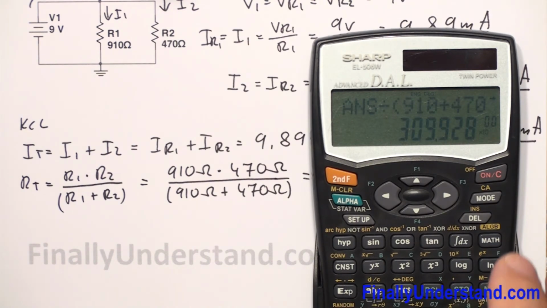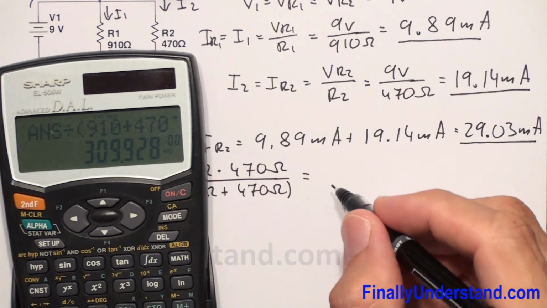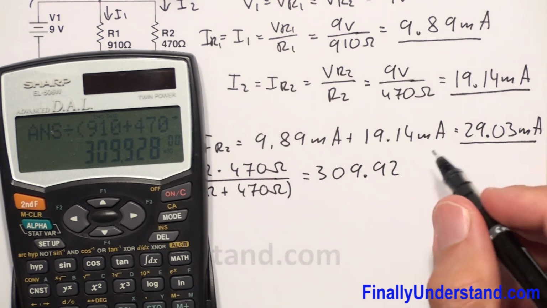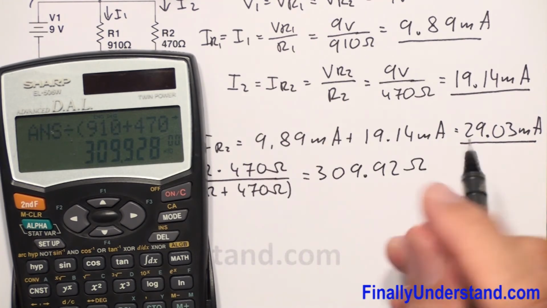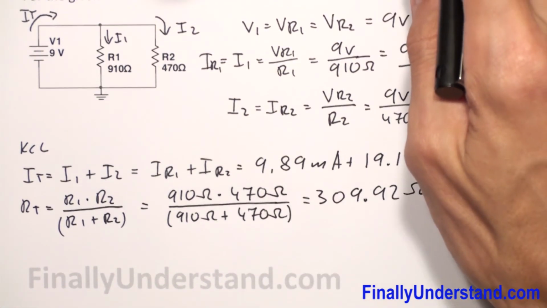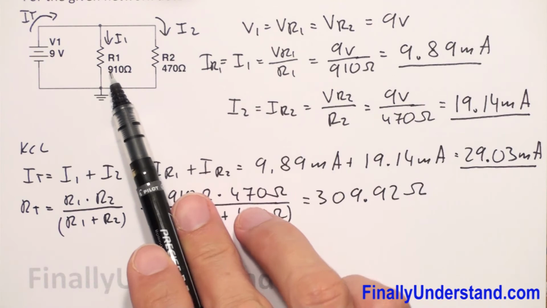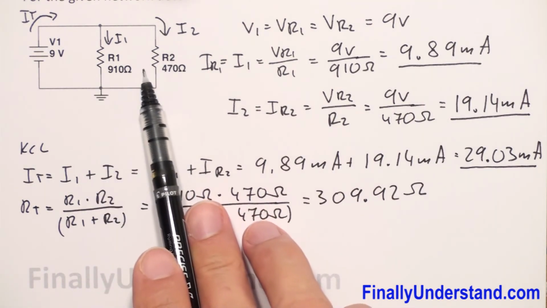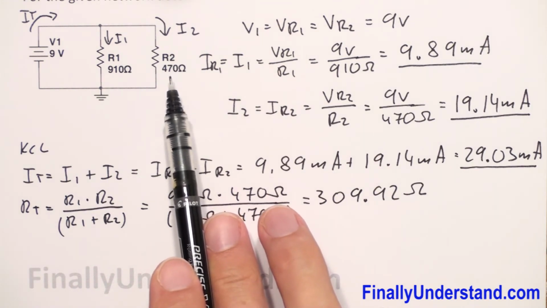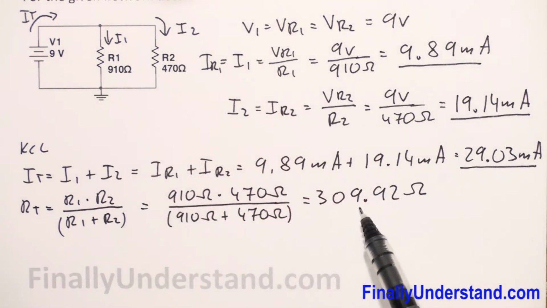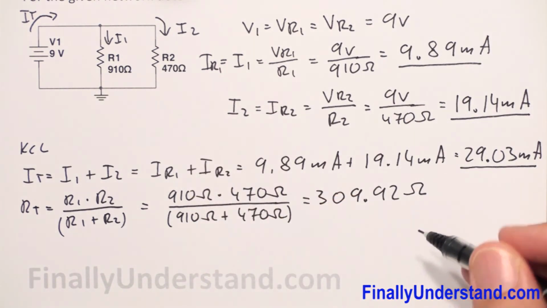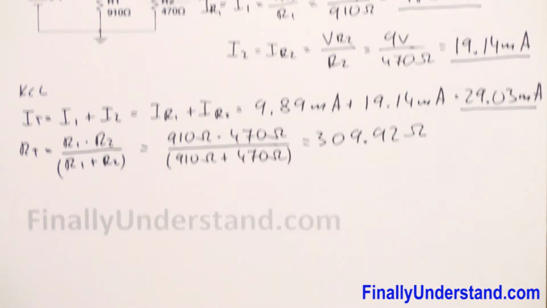This is equal to 309.92 ohms. Again, please notice that the total resistance in a parallel circuit is less than the lowest resistance in the circuit. 309 is less than 470, so it looks like we are doing everything fine.